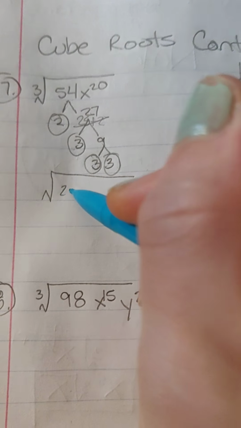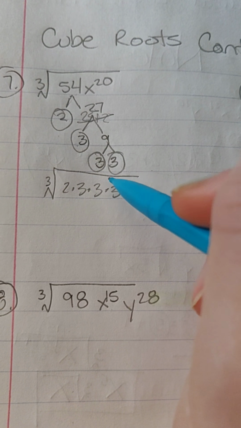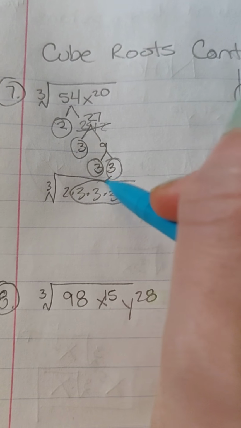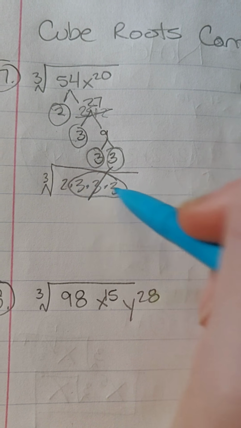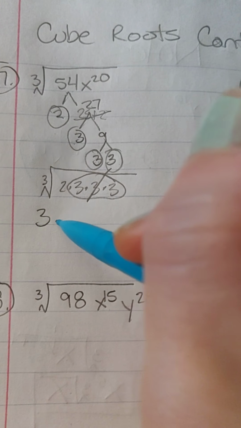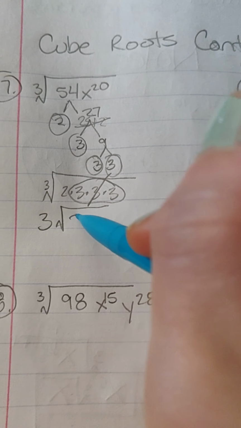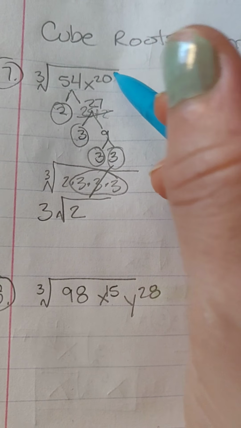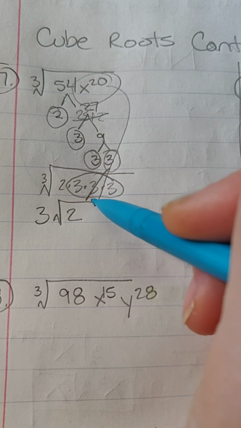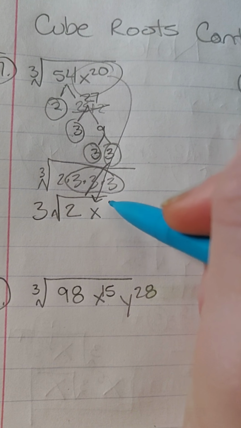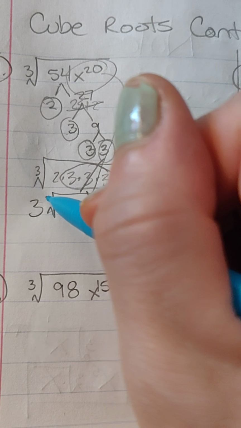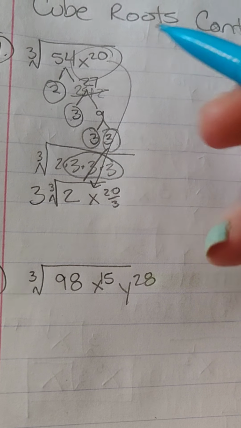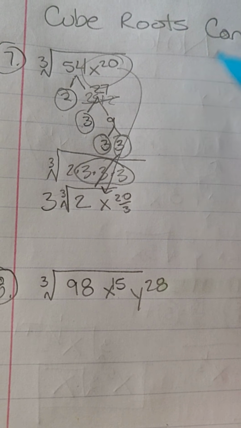So if you notice, since there's that third root sitting out on the ledge here, we're going to find 3 things that are the same. That cancels out. And what number do they have in common? 3's. So we've got 3 root 2. And I have to go back up here to these numbers, and I've got x to the 20th divided by 3, because there's that little invisible 3 sitting out on the ledge here.